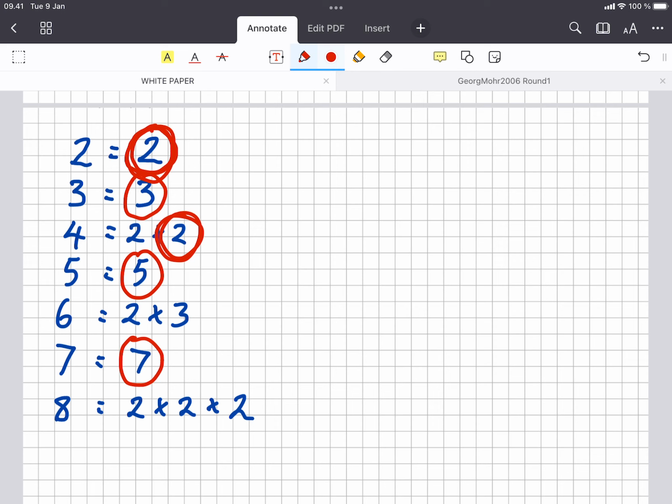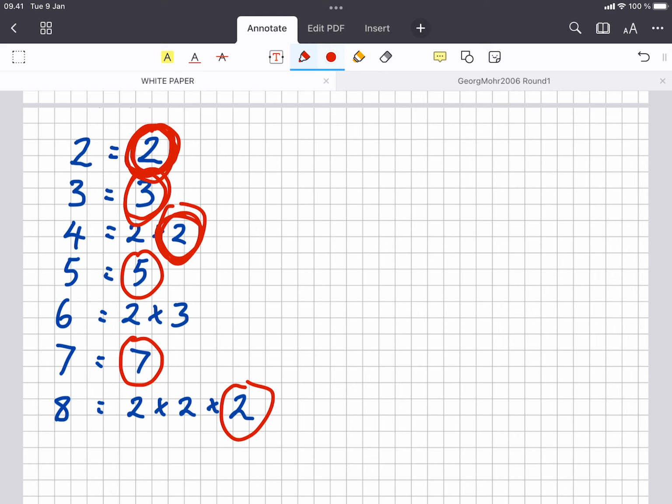But if it's already divisible by a 2 and a 3, then it will be divisible by 6. And then similarly with 8, to be divisible by 8, it's got to be divisible by 2 times 2 times 2. But if it's already divisible by 2 times 2, then it only needs to be divisible by another 2 in order to be divisible by 8.